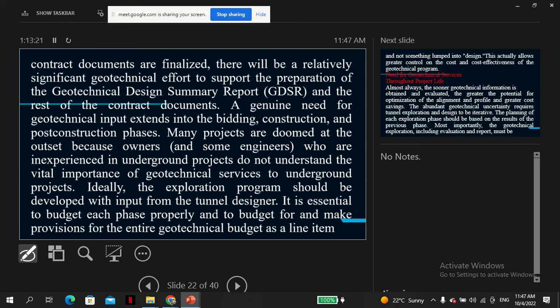In fact, this is not limited to underground projects per se. Even in Kenya, I'm sure you're aware, you hear buildings collapse left, right, and center because people underestimate the value of geotechnical engineering investigations.